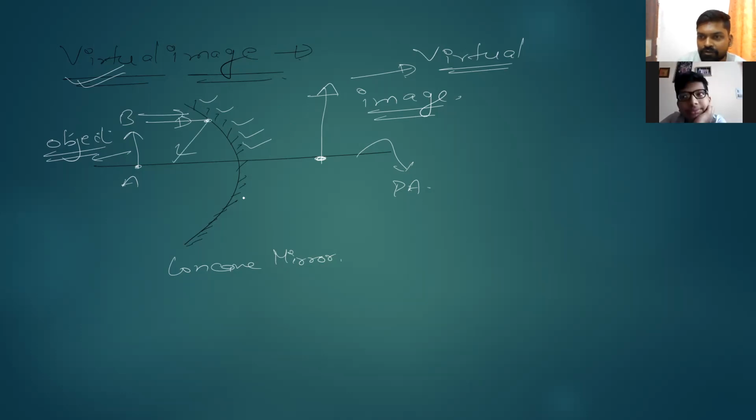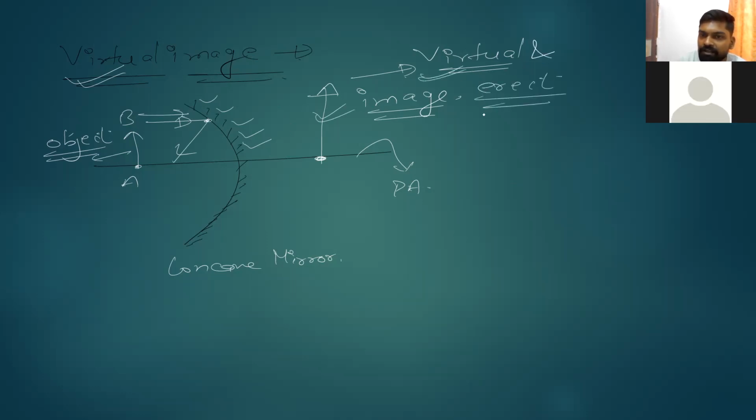So we can say that this image is known as a virtual image. And if the image is virtual, it is also an erect image. Is it clear?